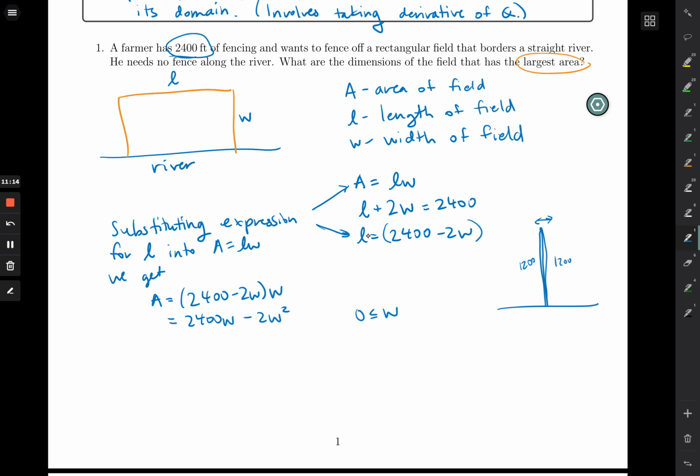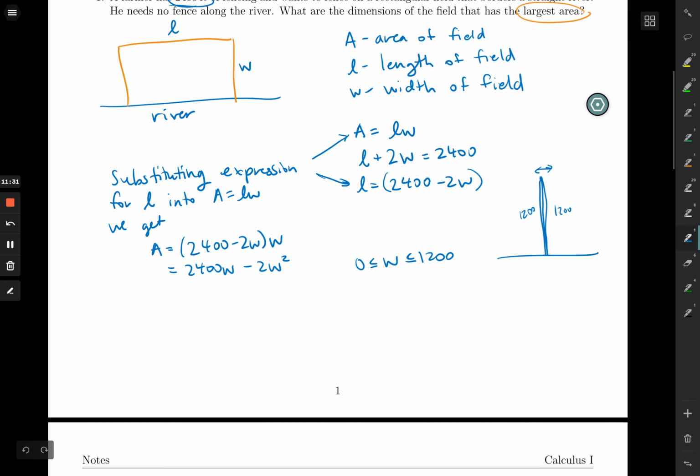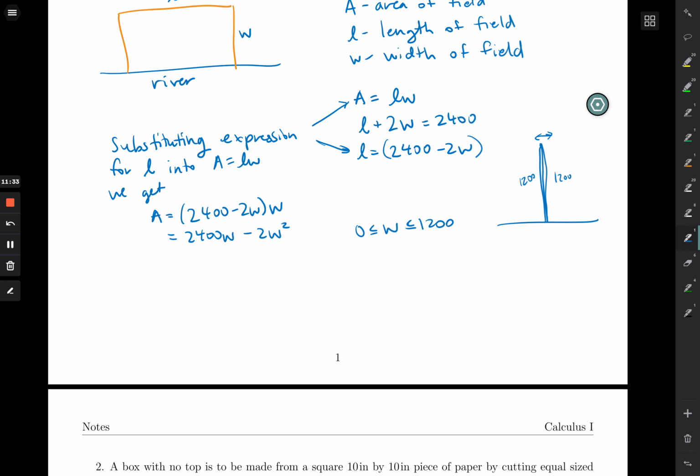This is the most that W could be, right? So at most, W will be equal to 1,200. But like I said, this is probably a bad idea. We want to maximize the area. So this is going to be our domain.